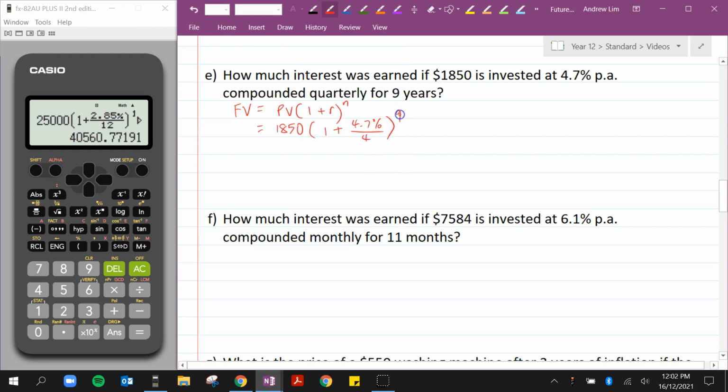To the power of 9. Now, these are not the same units. Okay, this is per quarter, this is 9 years. So I need to times that 9 by 4. So a quick tip, if they are not in the same units, whatever we divide the percentage by, we need to times the years by.